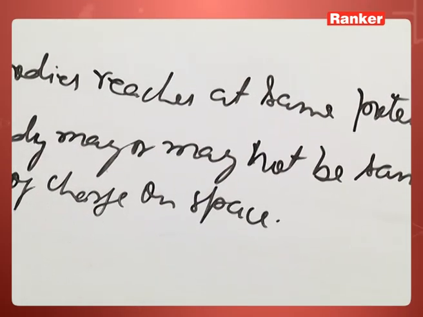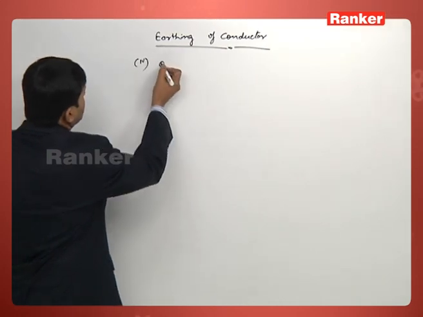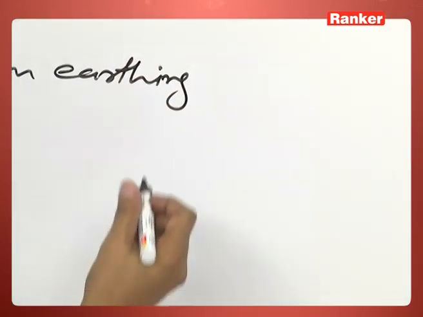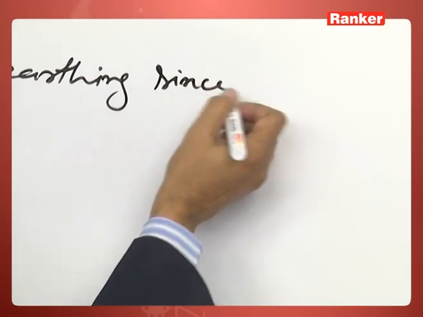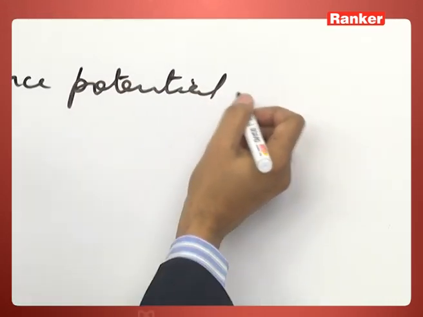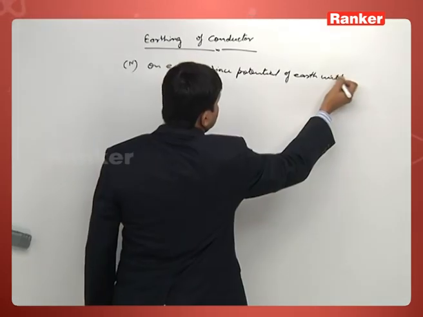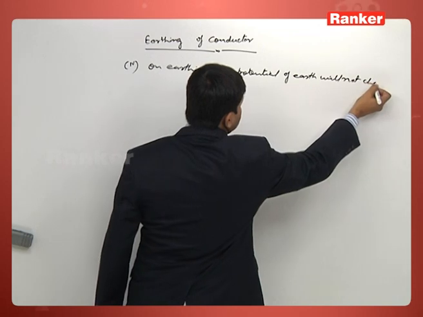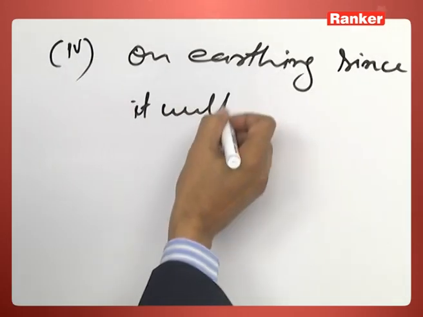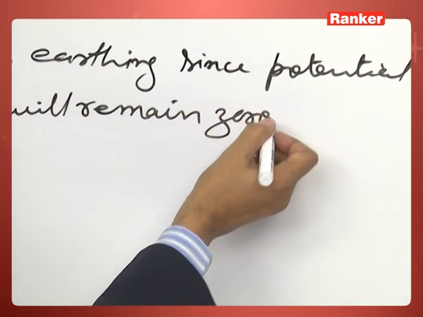And fourth point: on earthing, since the potential of earth will not change, it will remain zero.